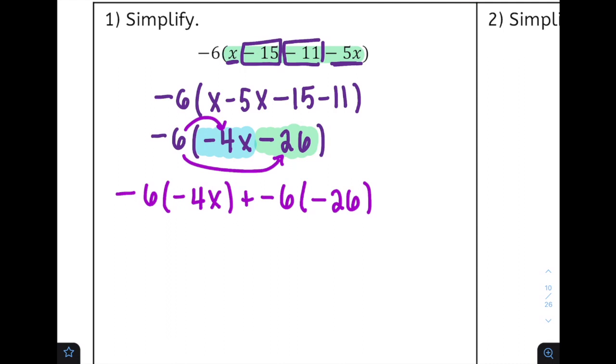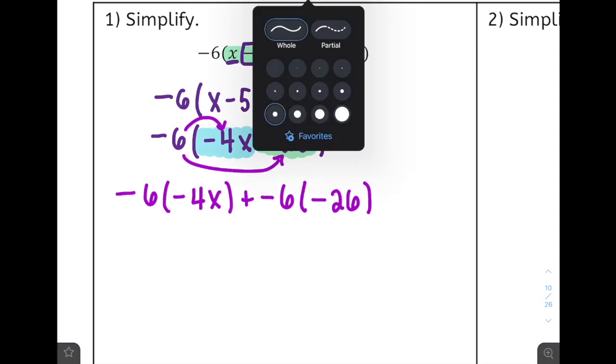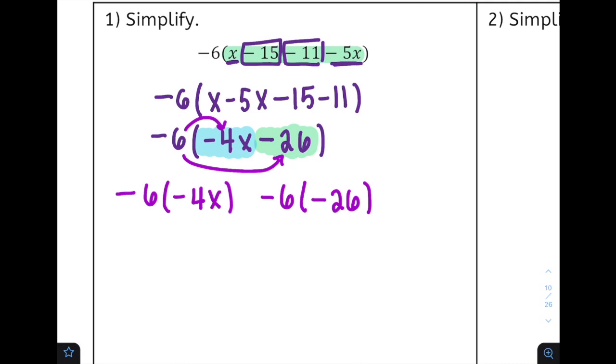I can even drop my addition in between, and I can just have negative 6 times negative 4x minus 6 times negative 26. Both of those would be equivalent.